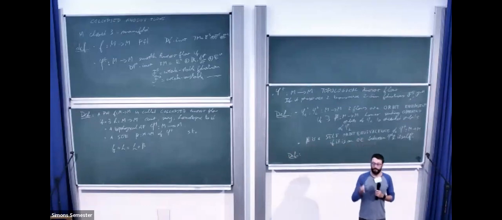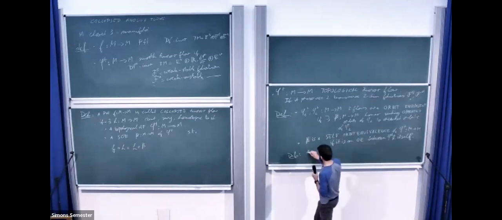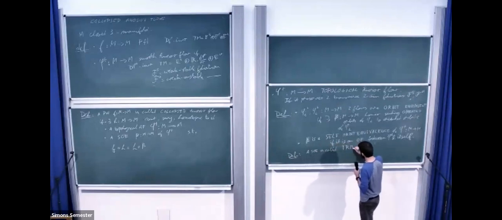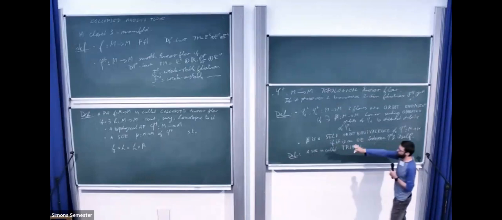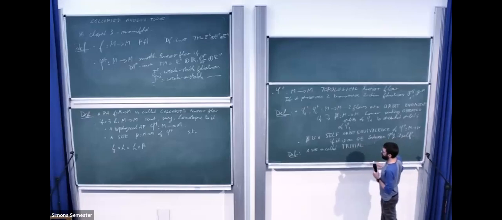The thing that you had in mind were the trivial self-orbit equivalences. I'm going to do some examples right after I finish the definition, and maybe it's going to be helpful.